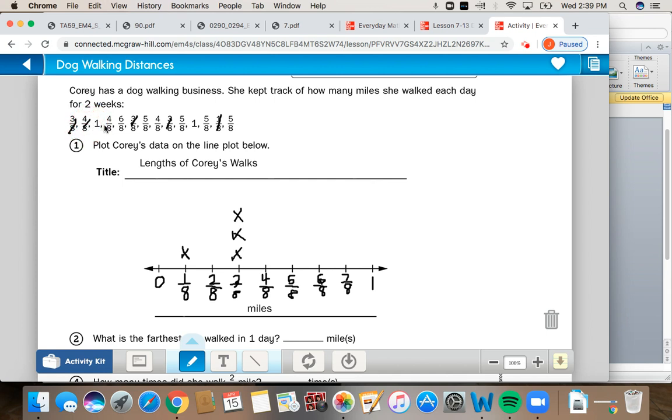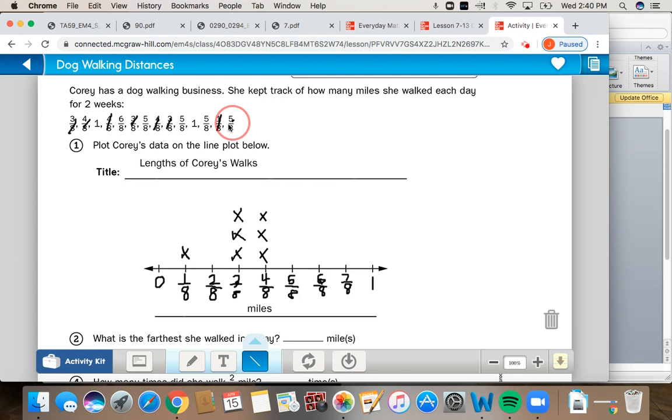4/8, I see 1, 2, 3. So I want 3 X's again. Here's 1, 2, 3. 3 X's above 4/8. How about 5/8?